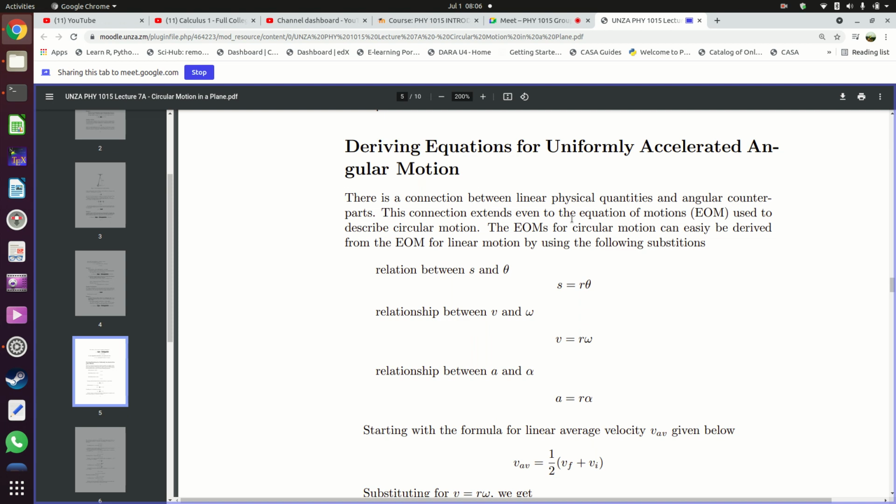There are other kinds of rotations where objects rotate with constant velocity. For example, our planet Earth goes around the sun at the same angular velocity. It doesn't move faster this year and slower next year. It moves around the sun at the same velocity.